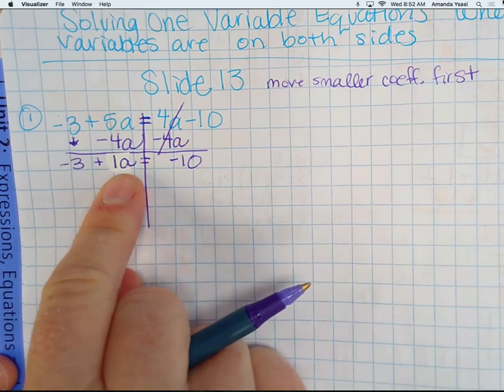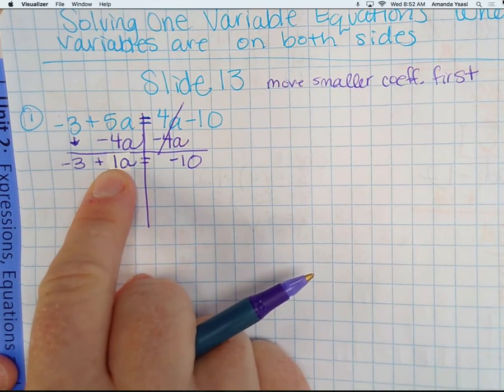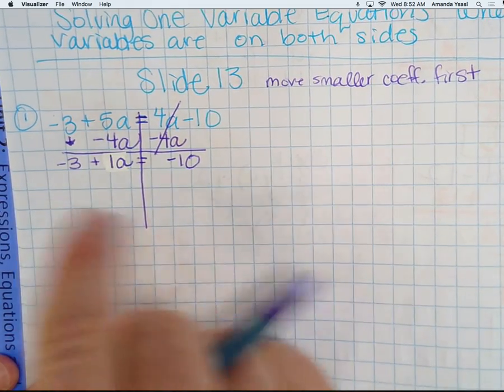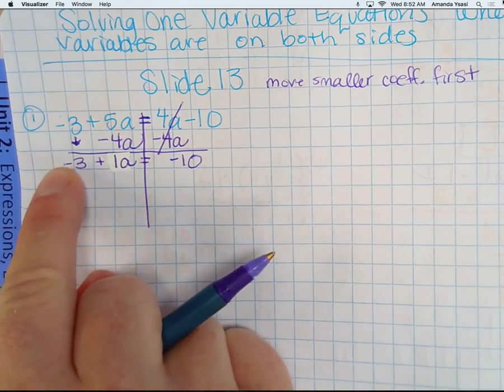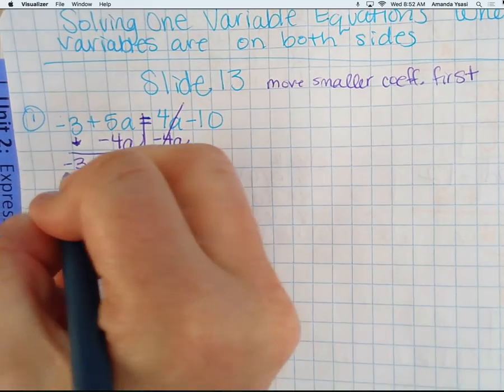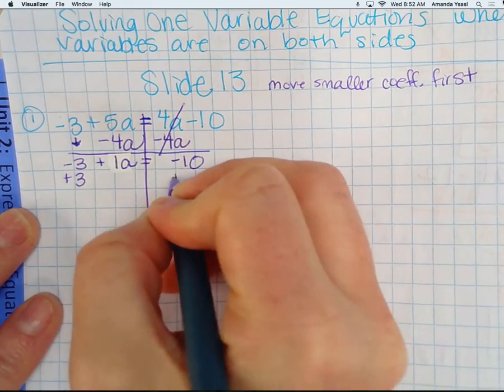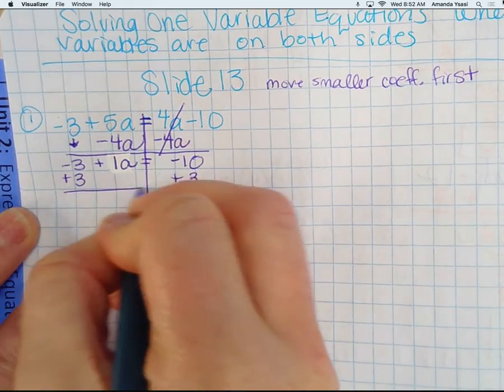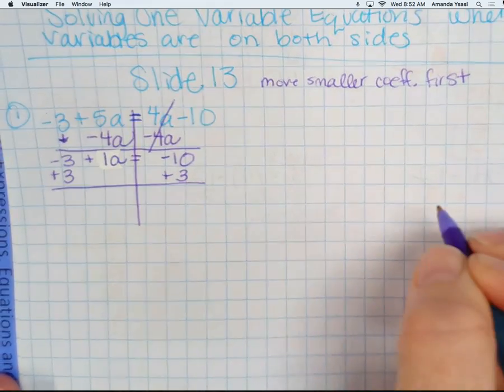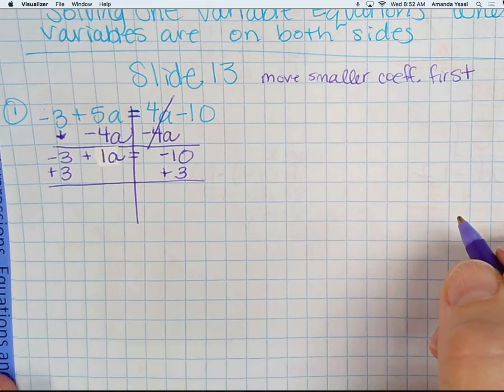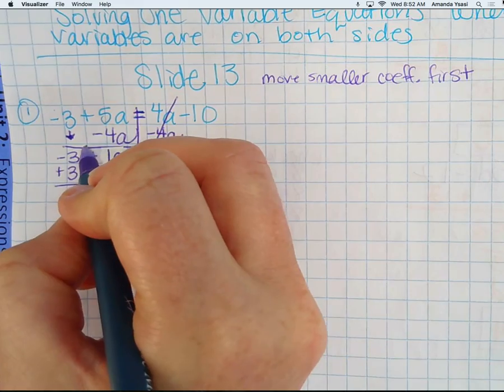Okay, I have the a here. All the a's are on the left side, so that means I need to get all the constants to the other. So I need to get rid of this minus 3. Yep, add 3 to both sides. So negative 3 plus 3 is 0.